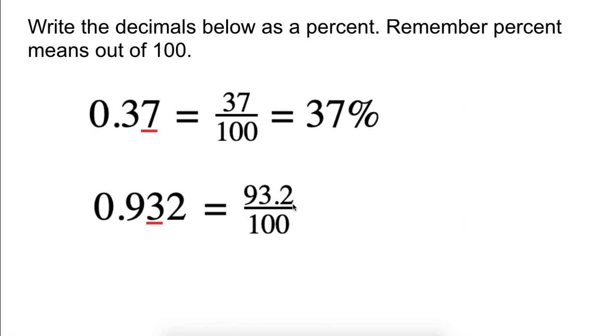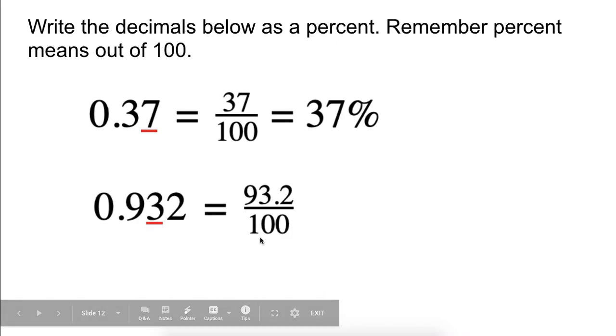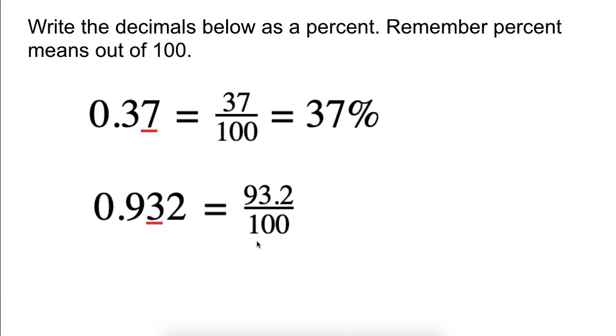So we have 93.2 hundredths. That's the way we could do it. We could have written it as 932 thousandths, but we need it over hundredths because we want to write it as a percent. So we need to think of that as 93.2 hundredths. And if you notice on both these, that decimal is just moving 2 places each time.